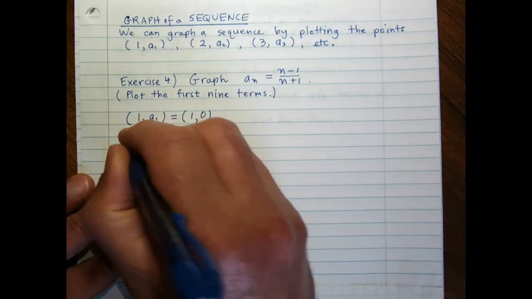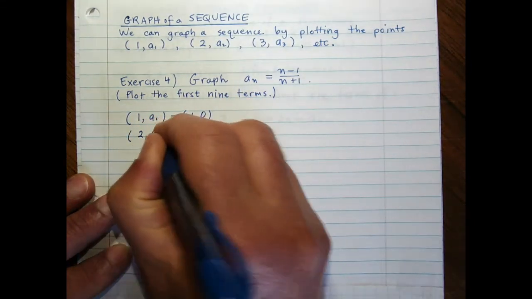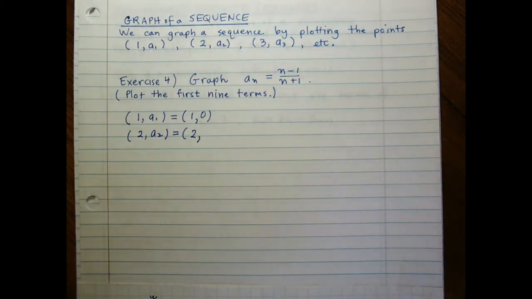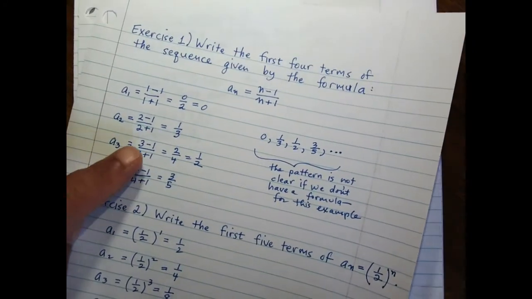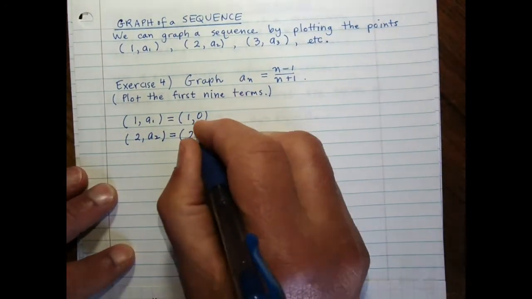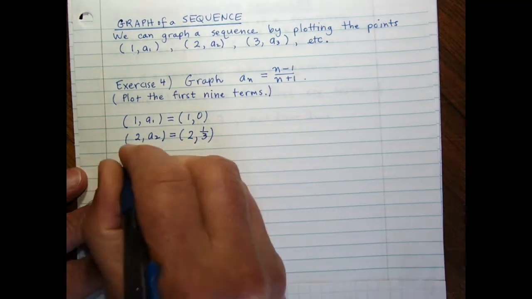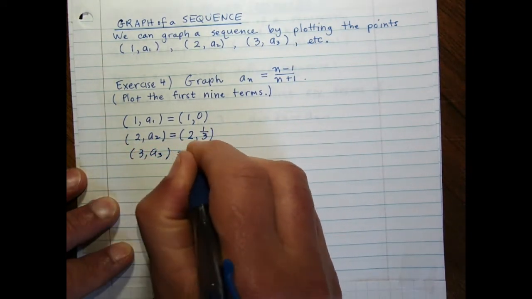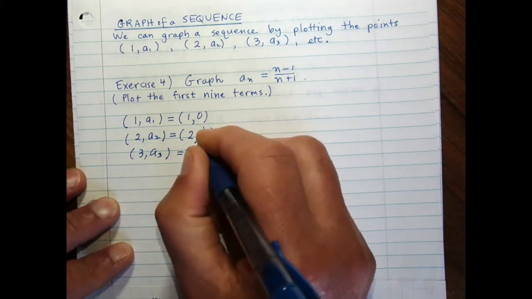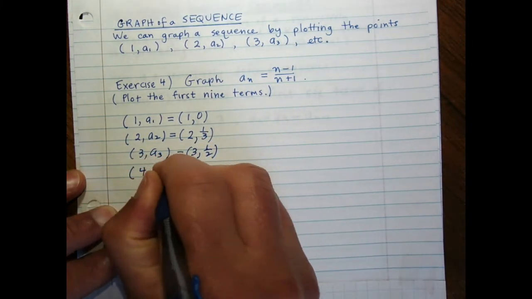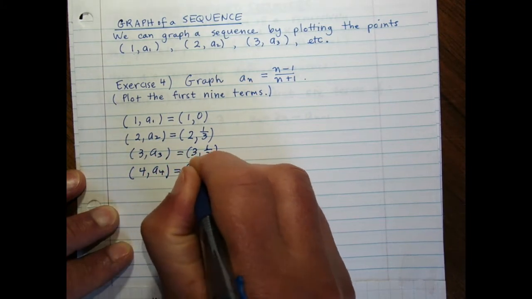I'm going back to my exercise 1 here. Then we have (3, a sub 3), which is (3, 1/2). (4, a sub 4) is (4, 3/5). Again, I copied all those from our exercise 1.